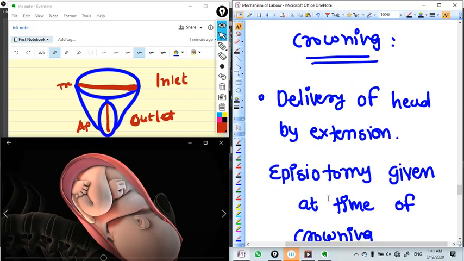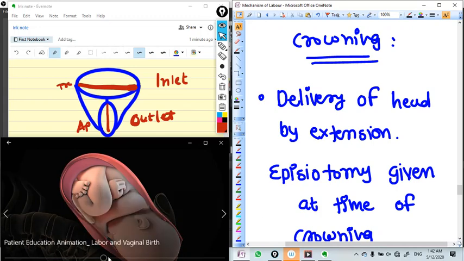Now what happens is crowning. Crowning is when the fetal head passes through the anterior posterior diameter of the outlet, which is the greatest diameter of the outlet, and it stretches the vulva. It comes into the vagina, it stretches the vulva.